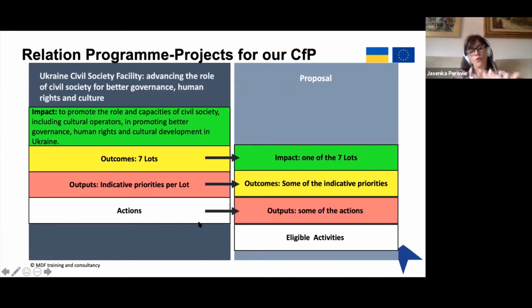Some of them, of course, not all of them, will become your outputs. And then you have the eligible activities written in the guidelines, and you try to formulate your activities in accordance with the list that is provided in the guidelines.